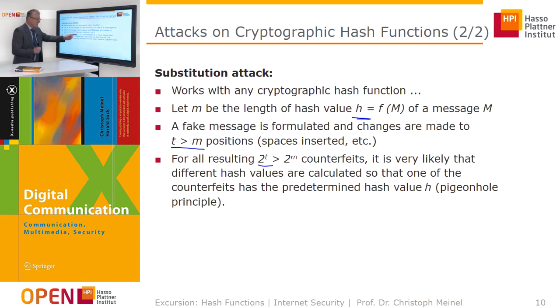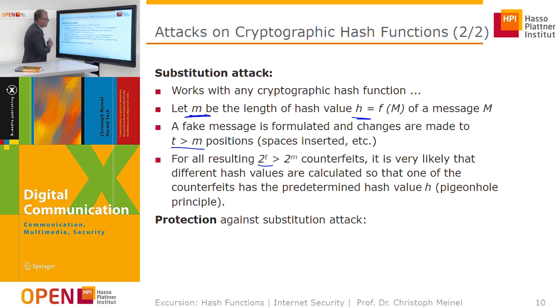It is a huge number of changes and modifications to make, but it works. And of course, the protection is that m should be as large as possible, to make it very difficult for an attacker to come up with such an amount of different versions of the message.